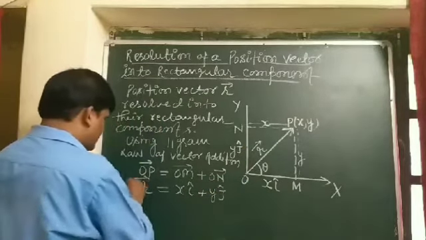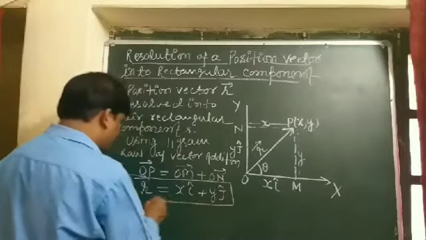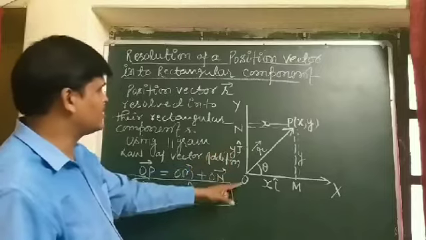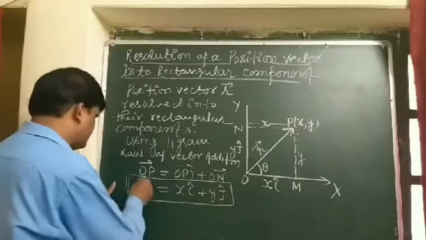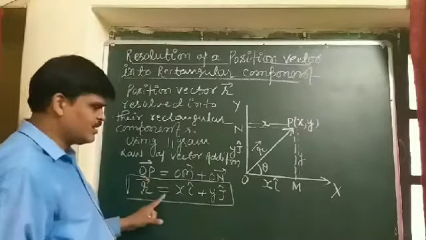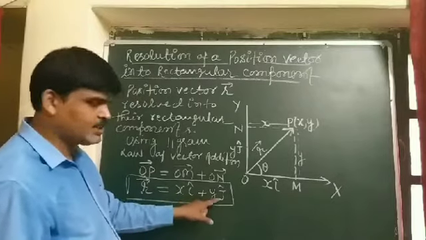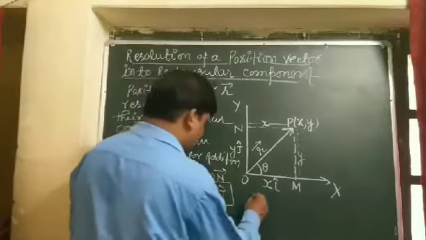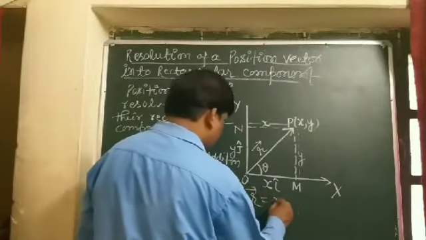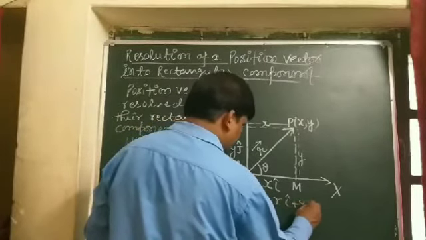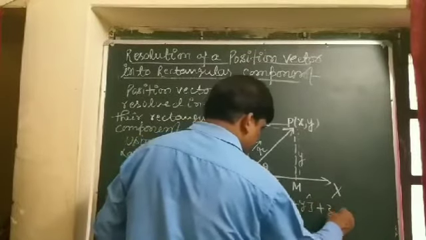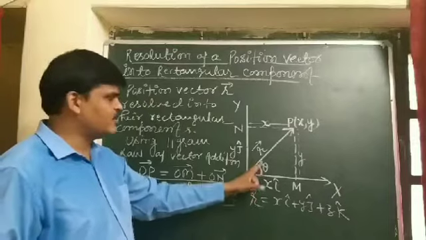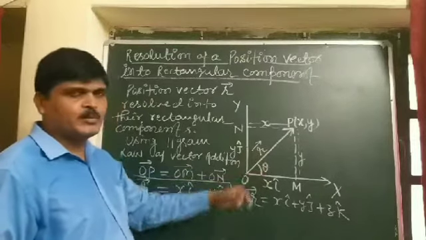So the position vector R can be written as x i cap plus y j cap. In three dimensions, the position vector can also be written as x i cap plus y j cap plus z k cap.